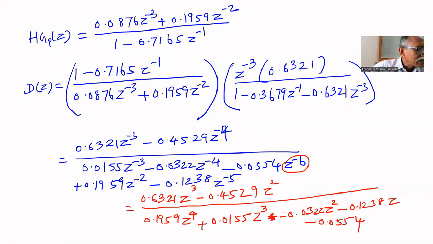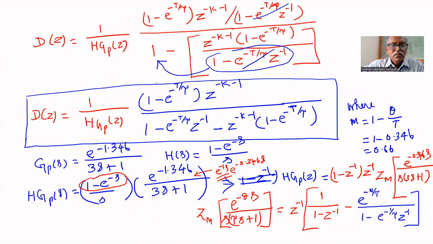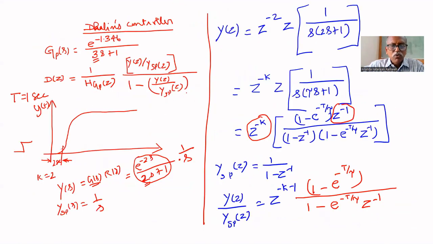We are assuming that mu equal to 1. Here we have to assume the closed loop time constant, which I said is 2, you know.